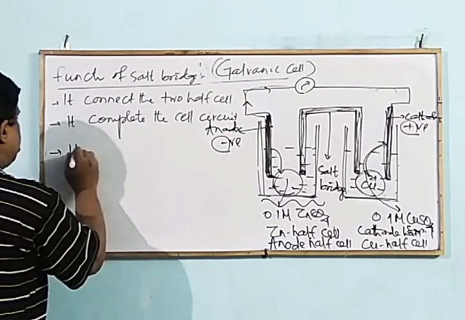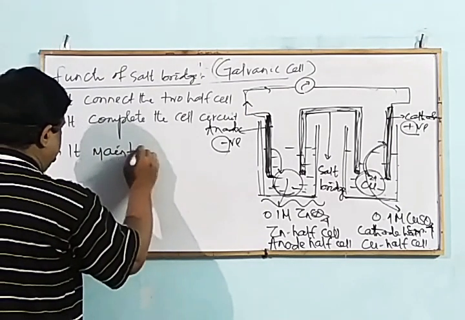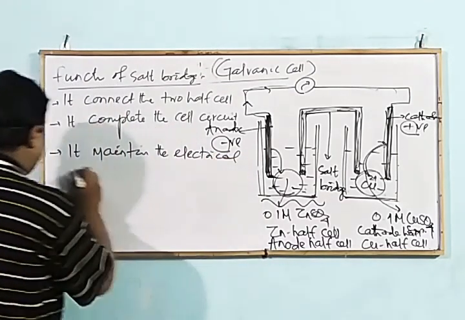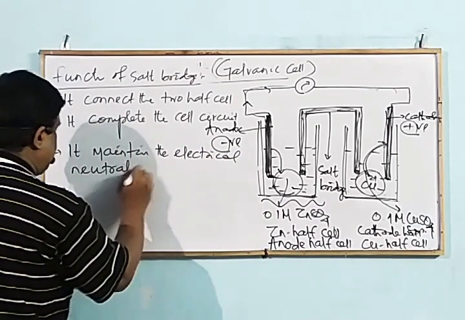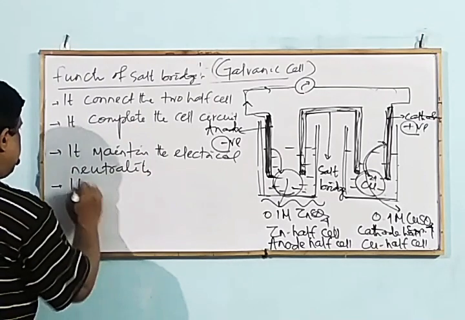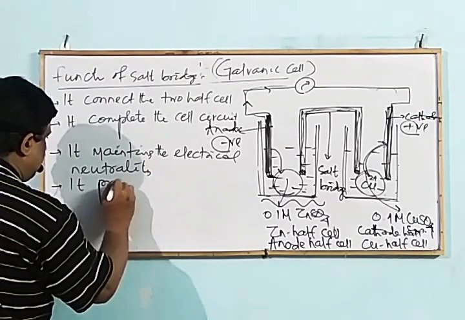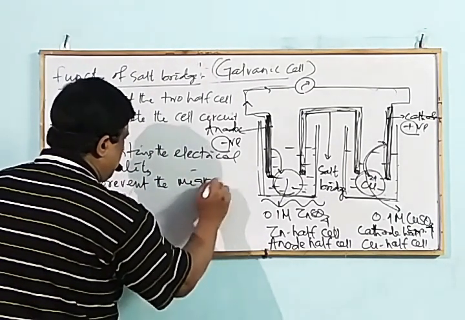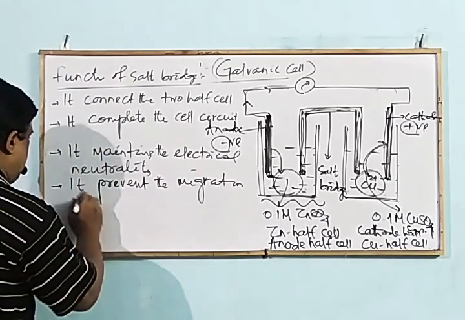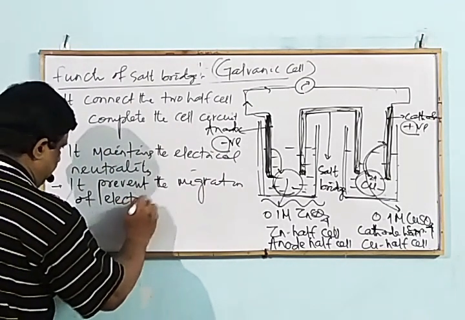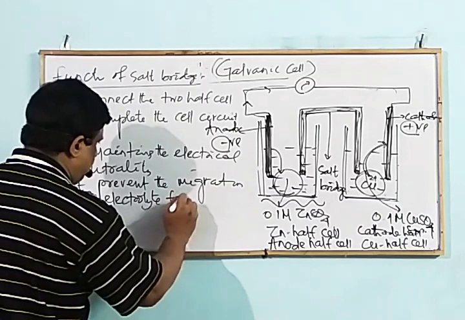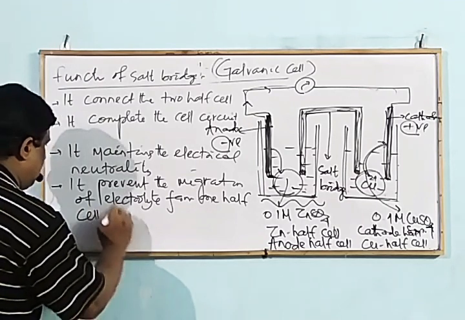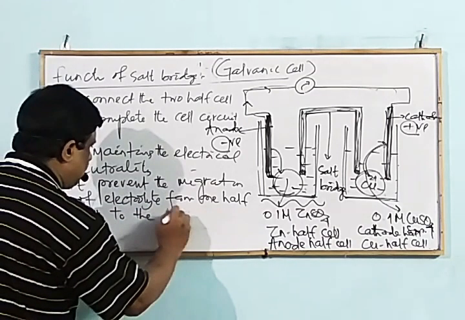Point 3: it maintains the electrical neutrality. Next, it prevents the migration, the movement of electrolyte from one half cell to the other.